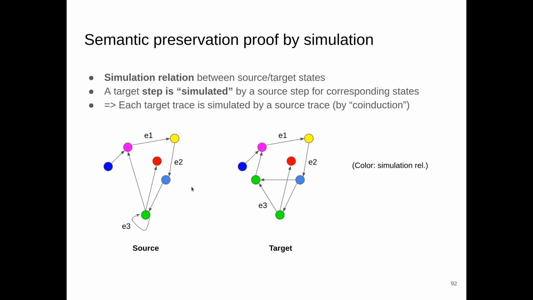And as a result, we can say that all target behaviors are actually source behaviors, because all traces are simulated here with the same event traces. And as a result, we can prove that each target behavior is also a source behavior, which is the exact meaning of semantic preservation.